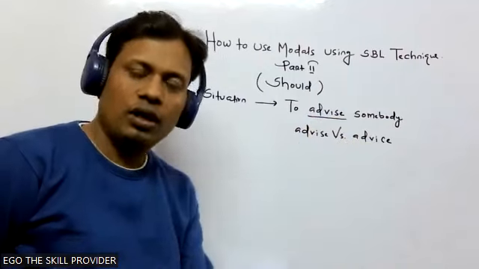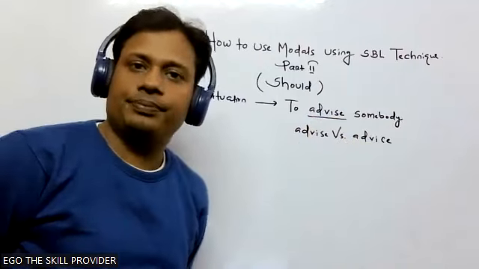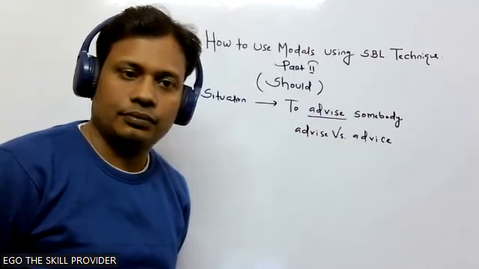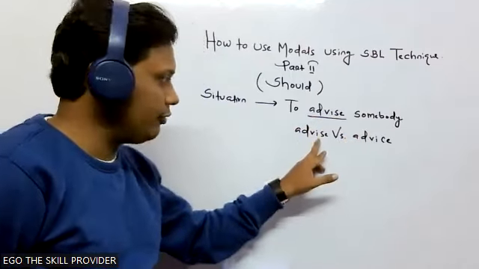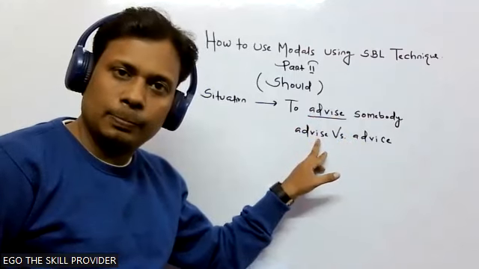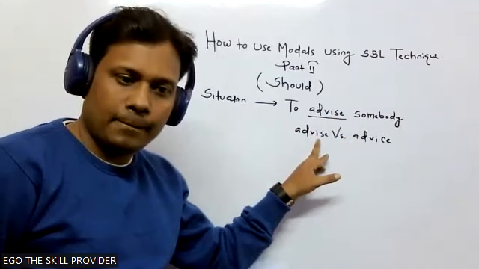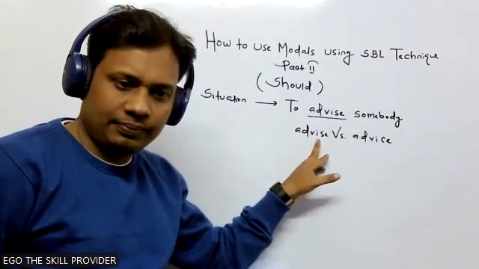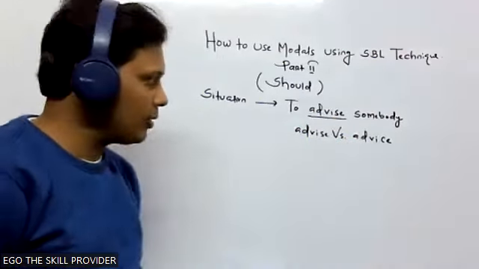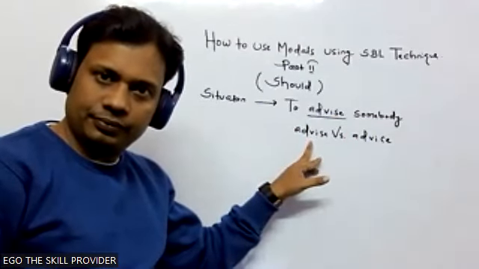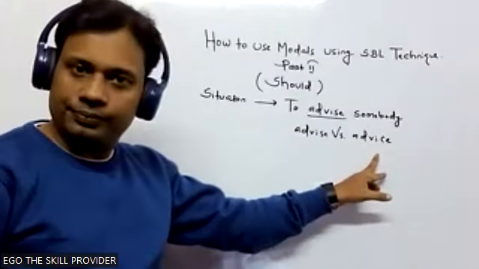Which one is the noun and which one is the verb? Sir, ADVICE, the one with C, is the adjective. Advice is the noun. Sir, noun, and this one is the verb.